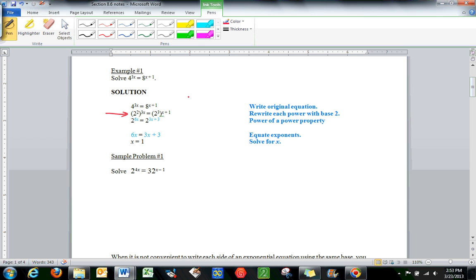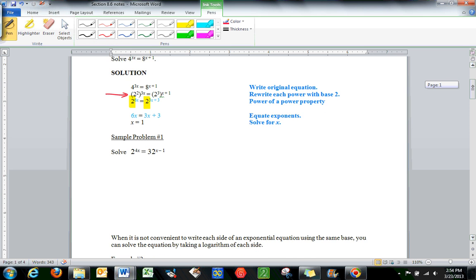And so now, since they have the same base, that same 2 there, we're able to take the exponents and make an equation out of them and then solve for the x value. So this is an example of how we would create the same base in an exponential equation so that we could solve for the missing variable.